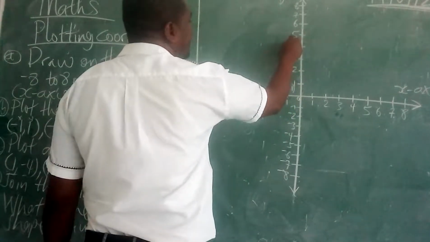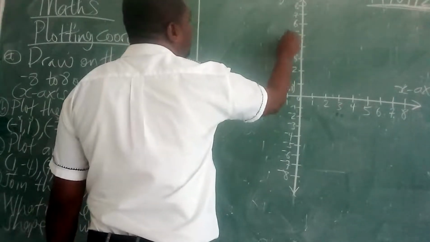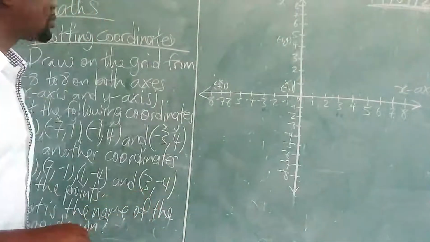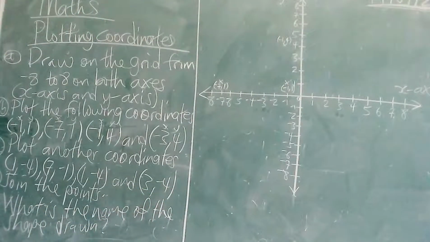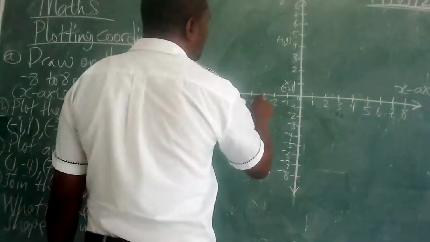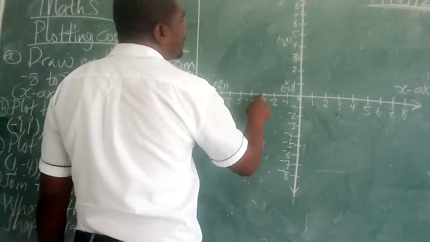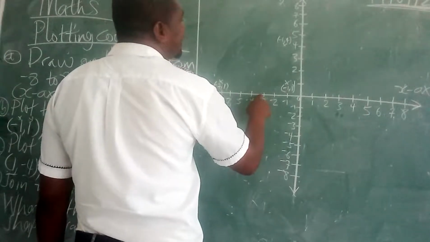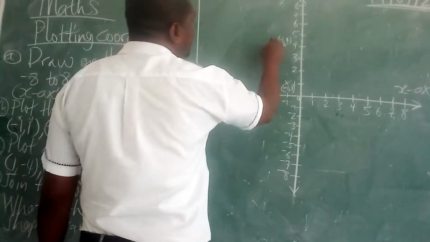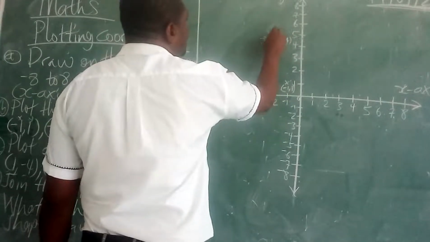So they will meet here. So (-1, +4). Then the next one is (-3, +4). So -3 on the x-axis is here, and +4 on the y-axis is here. So they will meet here. So we have (-3, +4).